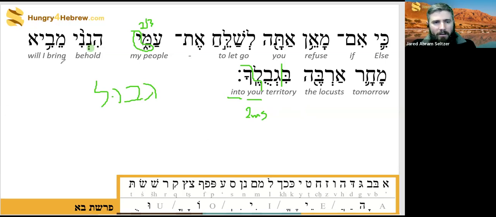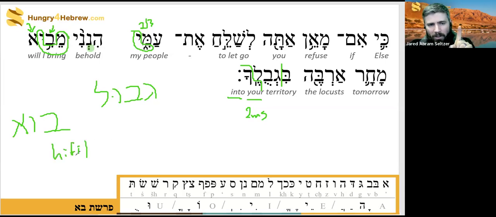Here we get mevi. The root is bet something aleph. Where's the vav? Remember, bet vav aleph is to come or arrive. And then the pattern here is causative, what we would call hif'il, but it's also an ongoing action, what we would call a participle, some sort of ing translation.